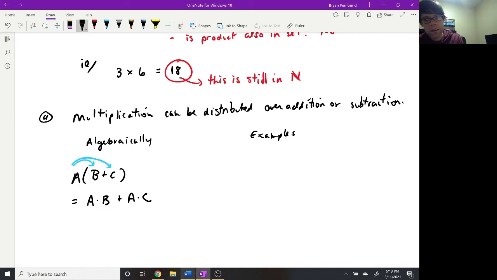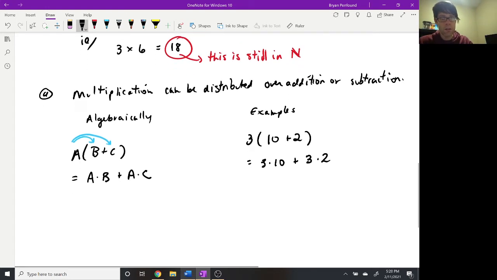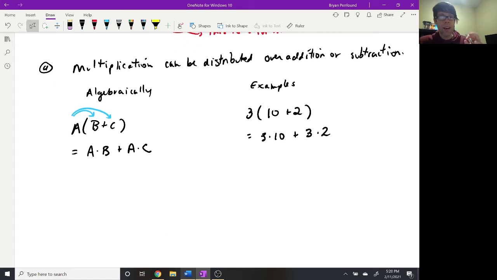Okay, so in other words, if I see something like 3 times (10 plus 2), this is really the same thing as saying I have 3 times 10 plus 3 times 2. Okay, so this is what we mean by distribution. It allows us to work with algebraic expressions in a very nice way.